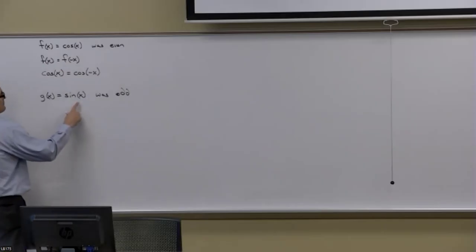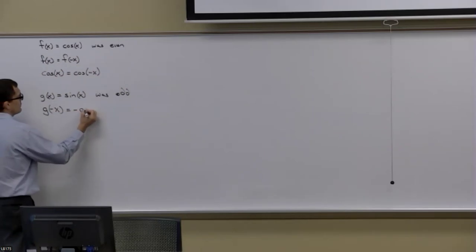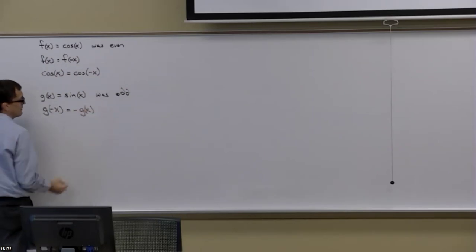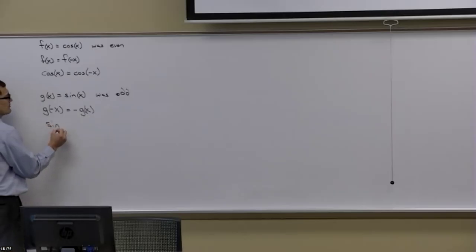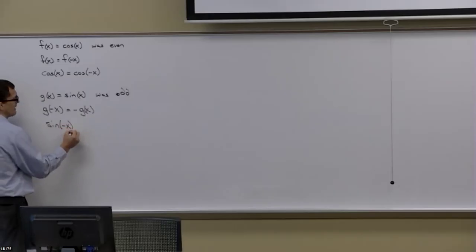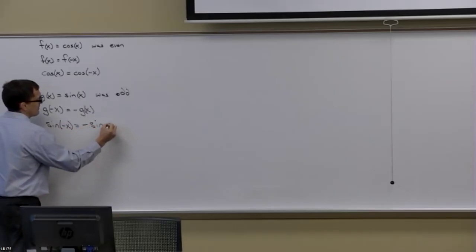And sine being odd means that if you plug in a negative x into the function, you get the opposite of what you get by plugging in a positive x. So sine of negative x is equal to negative sine of x.